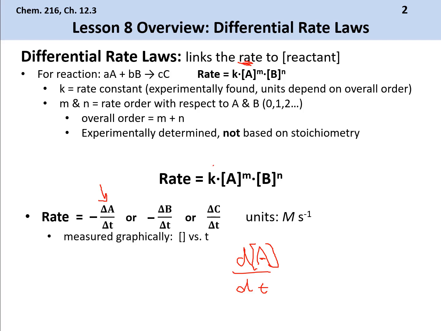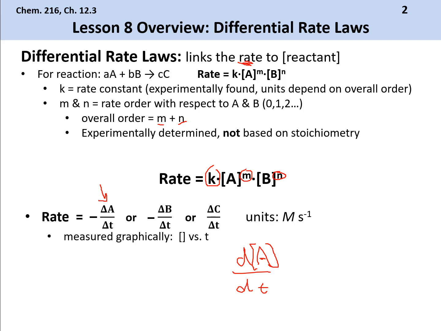We have these variables k, m, and n, where k is our rate constant. We find this experimentally. m and n are what we call rate orders. These can be 0, 1, 2. They can be more complex, but those are usually the ones. The overall rate order is found by summing up all these other rate orders.